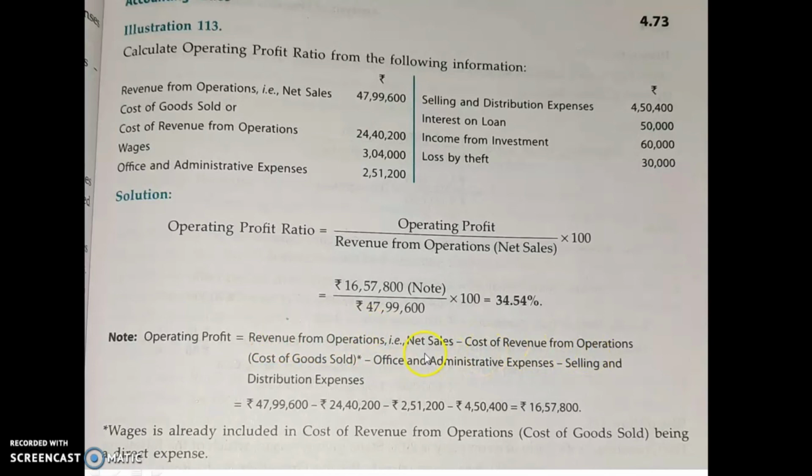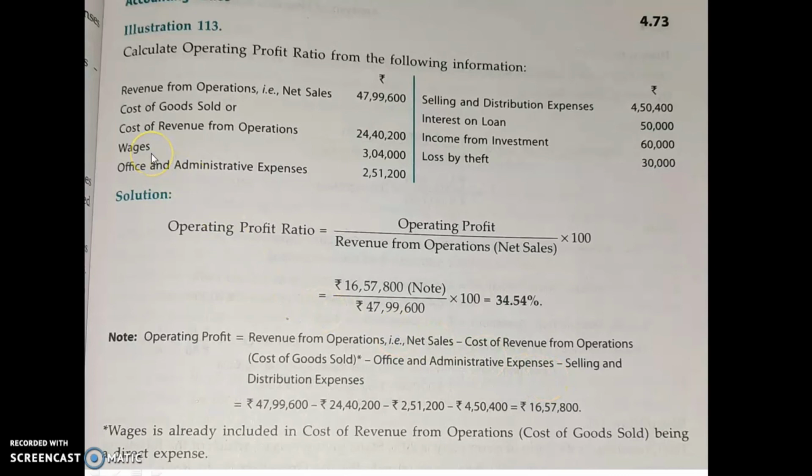This will give you gross profit. Okay, revenue minus cost, minus office and administrative expenses. This is an operating expense, and also selling and distribution expenses. This is also an operating expense.